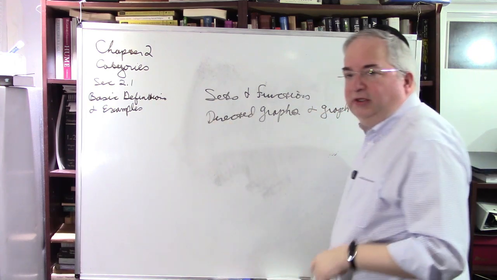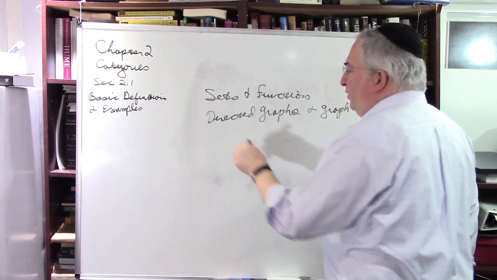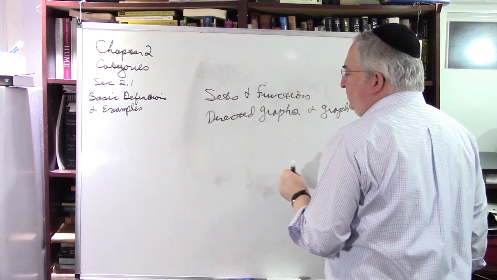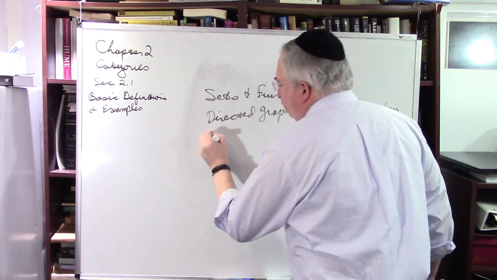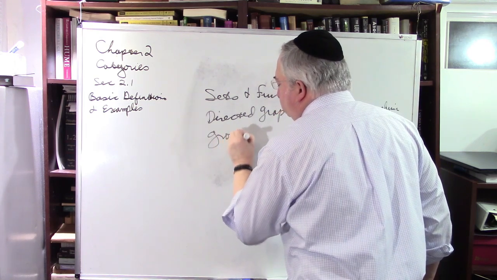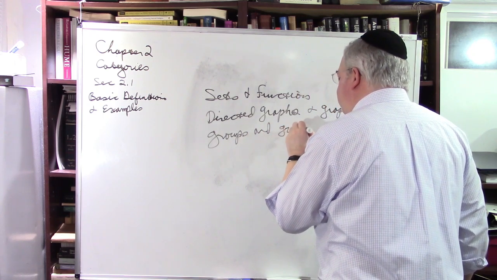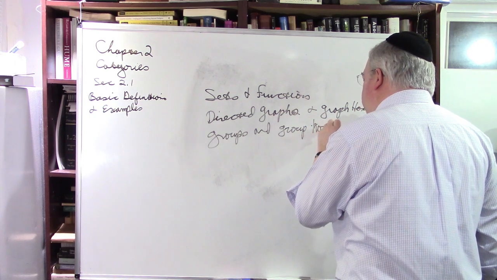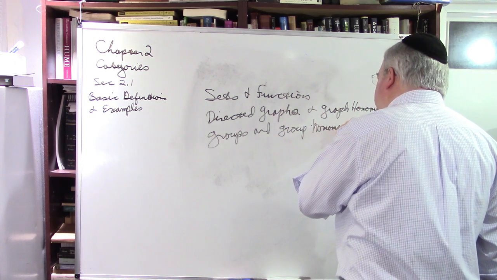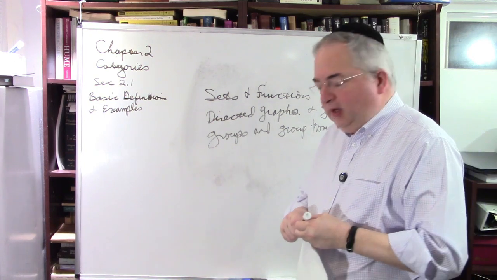You don't need directed; it's true also for undirected graphs, but fine, we're talking about directed graphs. Next, groups and group homomorphisms also form a category.